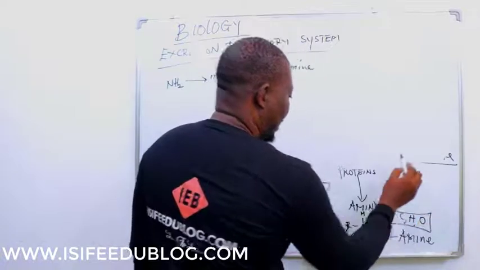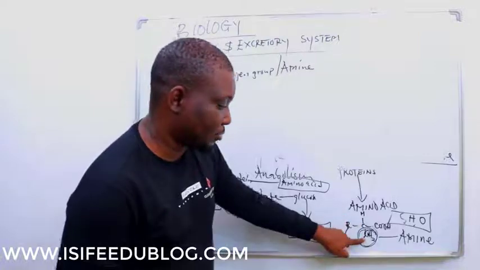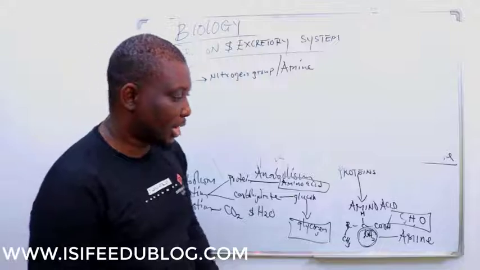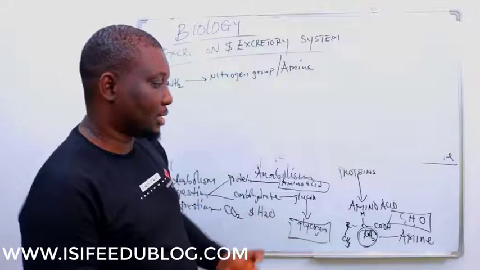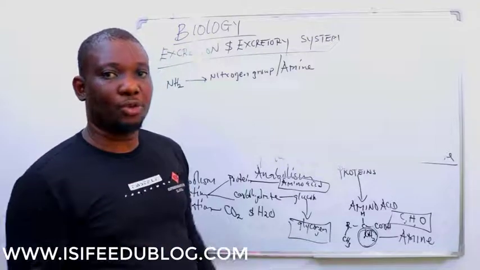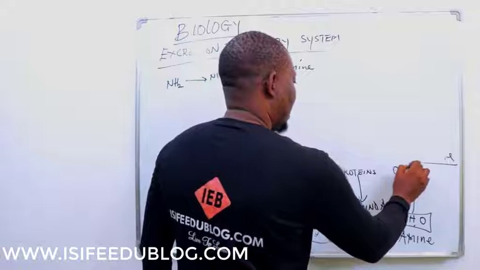These three elements, the remaining carbon atom fragment, hydrogen atom fragment, and oxygen atom fragment, are converted to glycogen or carbohydrates.